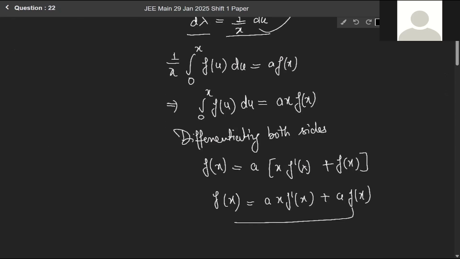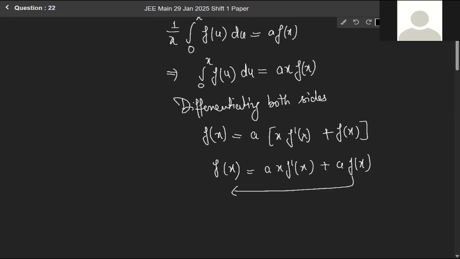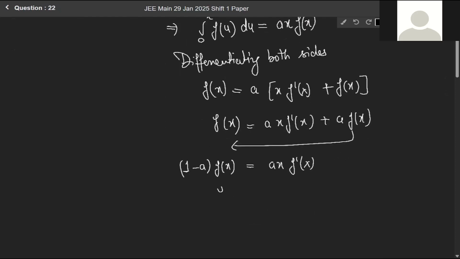So now take this a f(x) from RHS to LHS. So we get (1 minus a) f(x) will be equal to a x f dash x. Okay. So now from here we can write f dash x over f(x) equals (1 minus a) over a into 1 over x.